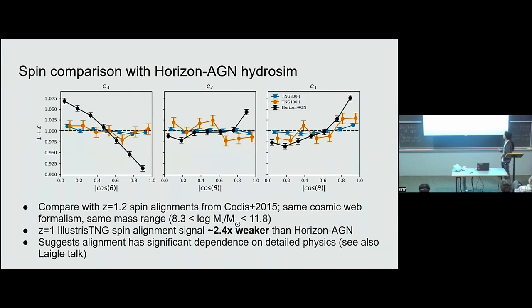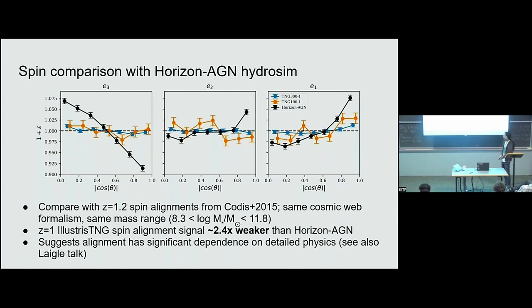Specifically, we calculate that it's around 2.4 times weaker. And this suggests that alignment still has very significant dependence on the detailed physics of the simulations, and it hasn't really converged between simulations. Clotilde also gave a better overview of this in her talk on Monday.